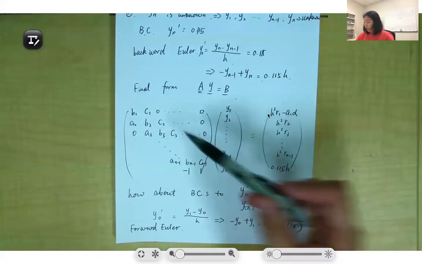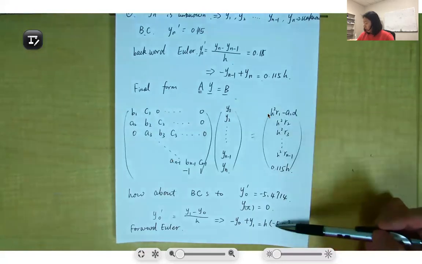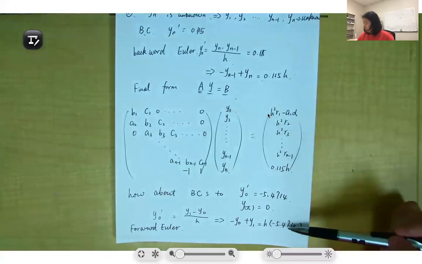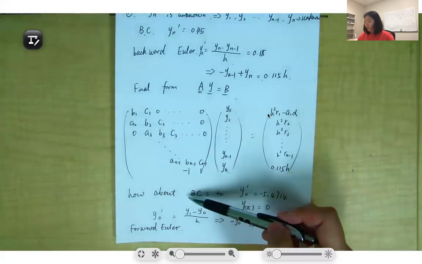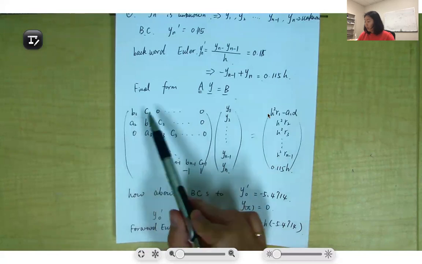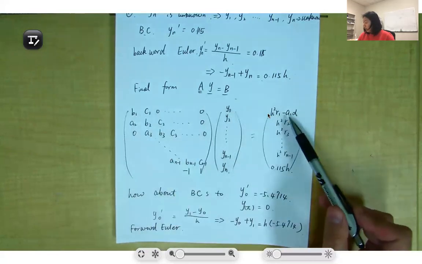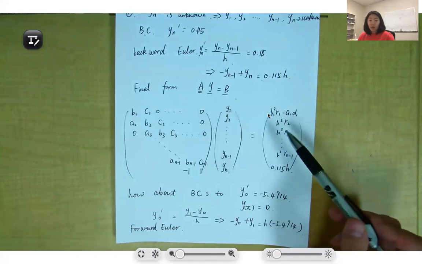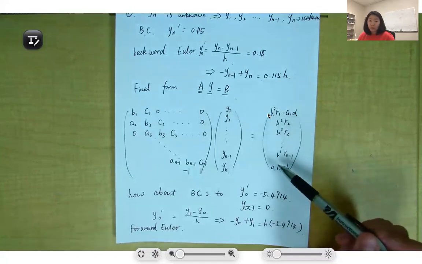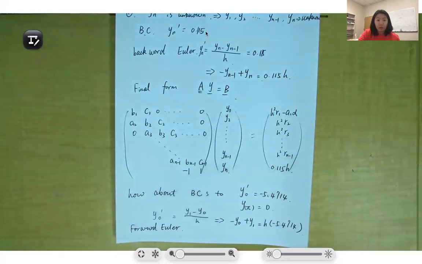The first line will be negative 1, 1, and then the right-hand side will be h times negative 5.4714. And the other rows will stay similar. The second row will be a1, b1, c1 for y1, with h squared r1. So you can try to write it and solve it by yourself, and see how it changes when the boundary condition has been changed. Okay.